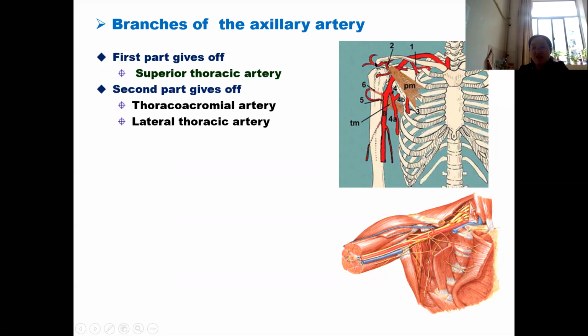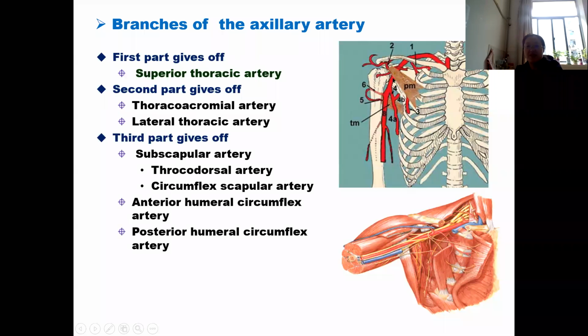Thoracoacromial artery gives one branch to supply pectoralis minor, another branch to supply the scapular region, the muscle. And then just below the margin gives off the lateral long thoracic artery. Lateral thoracic artery. So this is the second part. The third part gives off what?